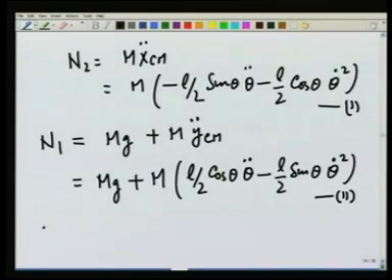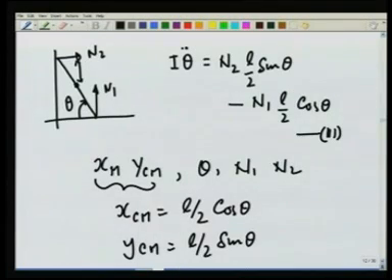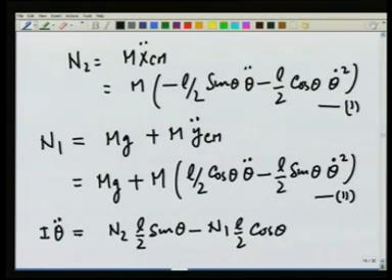Similarly, I theta double dot is equal to n2 L over 2 sin theta minus n1 L over 2 cosine theta, as we wrote earlier. Now, if I substitute for n1 and n2 here, let us see what we get.